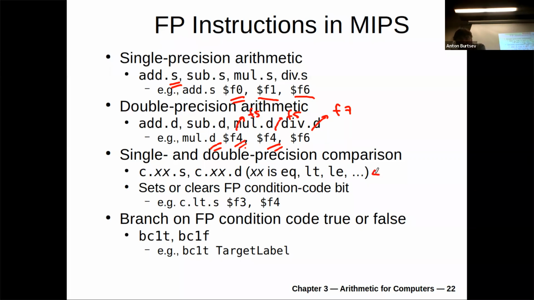The comparisons work a little bit differently. Remember, as I said, in our normal branch not equal instruction, you have two arguments, for example, if S0 equals S1, then jump to some label.